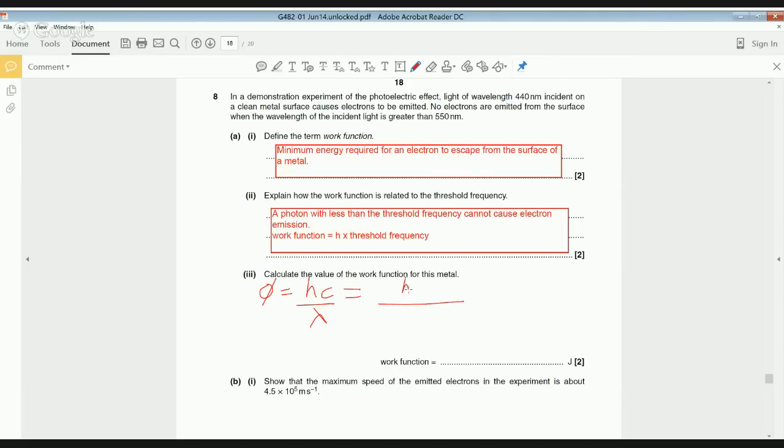So hc, I'm not going to write those out in full, divided by lambda here, which is 550 nanometers. Nano is times 10 to the power of minus 9. That might be a bit of knowledge from your mechanics paper, but it's one that you absolutely still need to know.